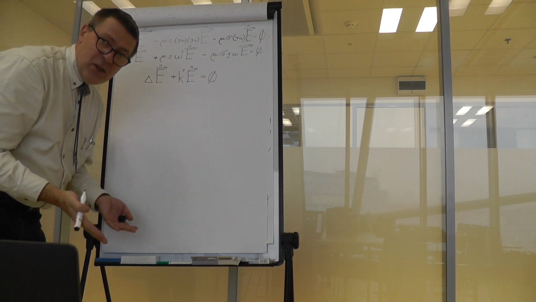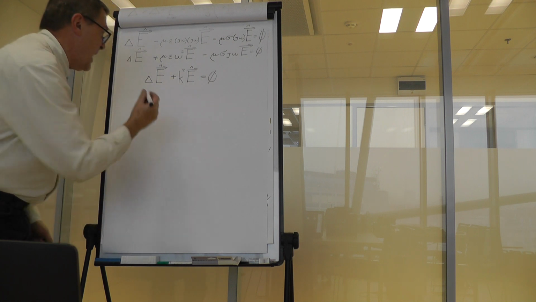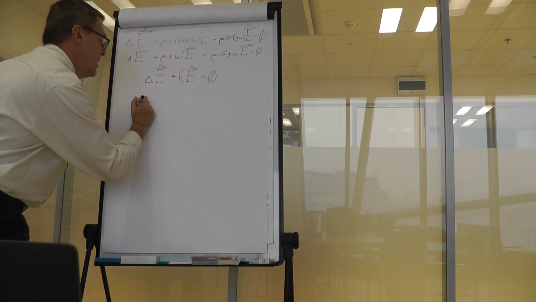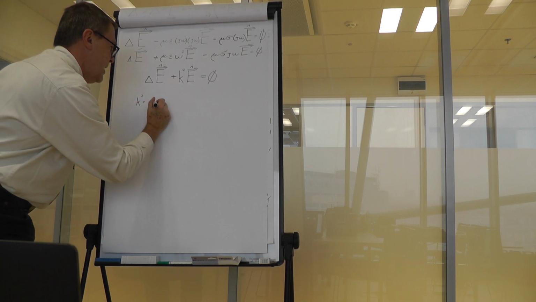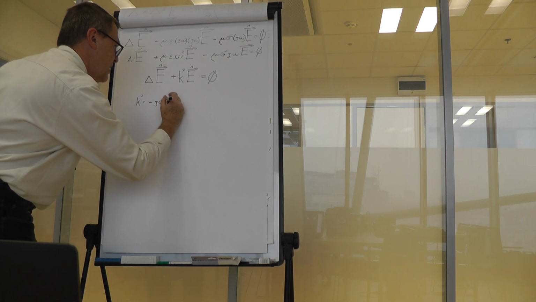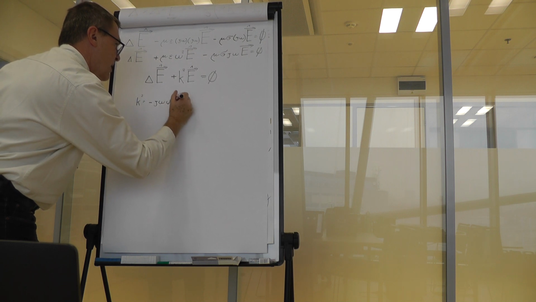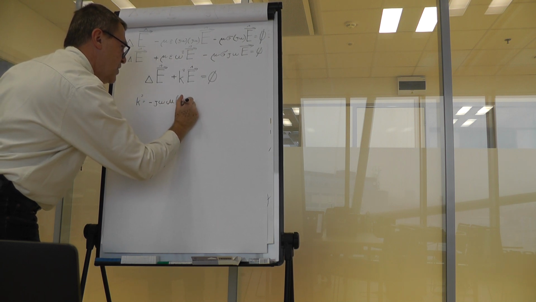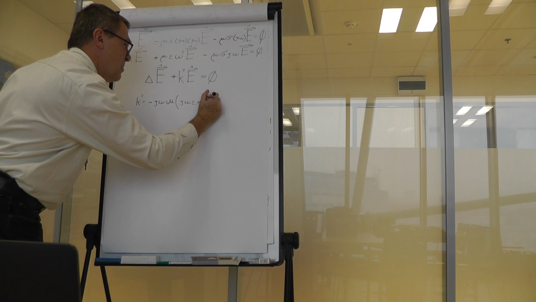With a short remark that tells that k squared is equivalent to minus j omega mu times j omega epsilon plus sigma.